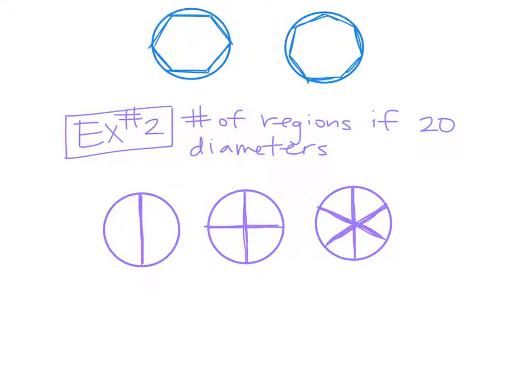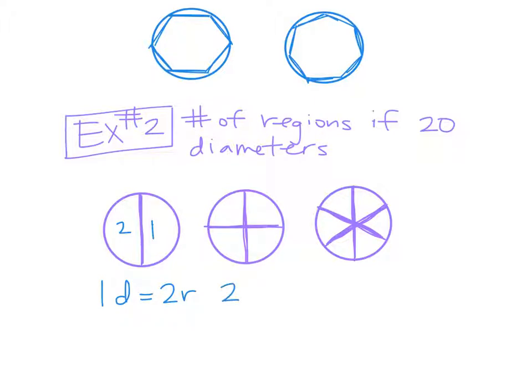Okay, in this setup, how many diameters in the first picture? There's 1 diameter. And how many different regions did that create? 2. So 1 diameter has 2 regions. How many diameters in the second circle?